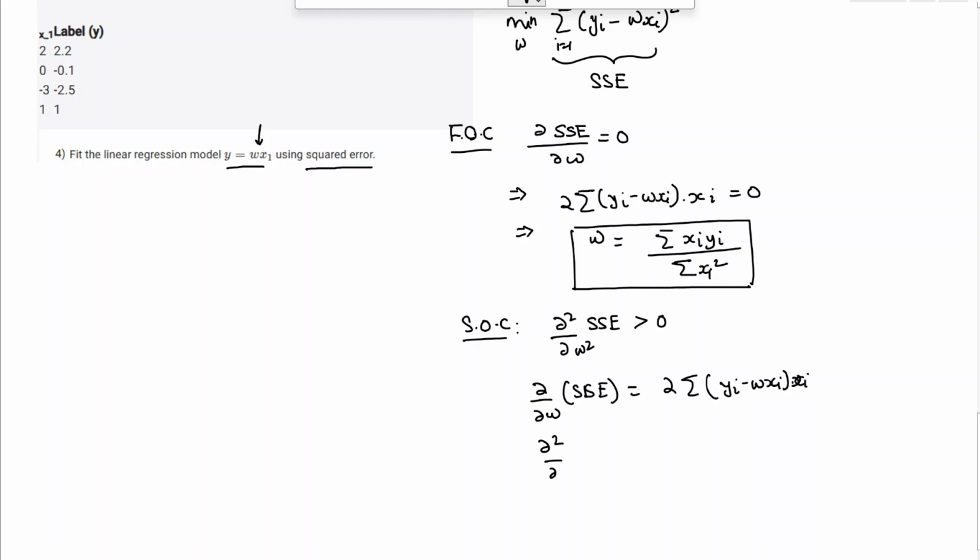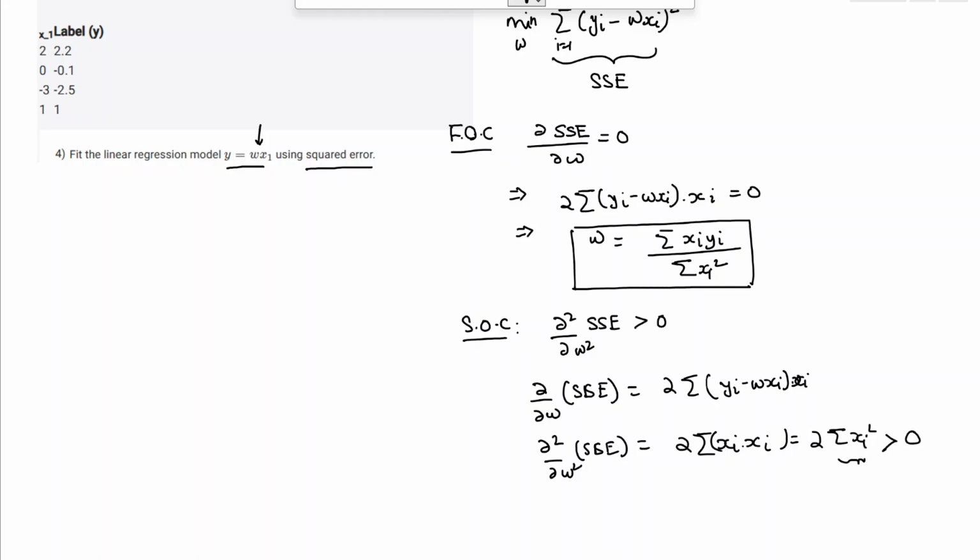Now if I take the derivative twice, I would obtain 2 times summation of xi times xi, which is nothing but 2 times summation of xi square. Now this is a sum of squared terms, so it will be positive, so we can ensure that this will be a minimization.